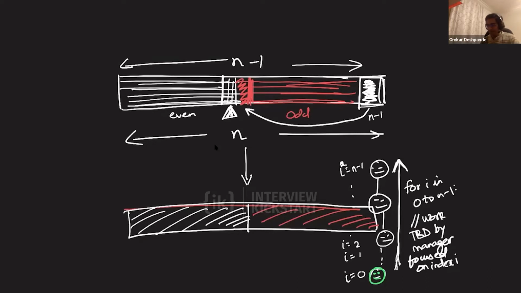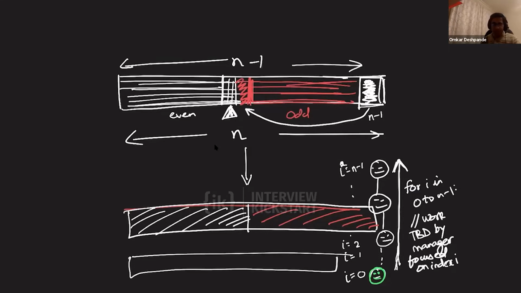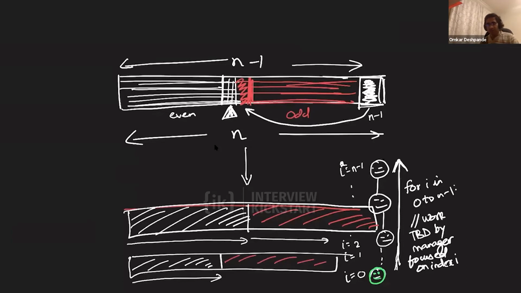If I know that 40% of the elements are white, 60% are red, I can create an auxiliary array with the same size as the original array, and I know that 40% of the numbers are white, so I can just go through them in a left to right order and keep appending them here. And then I know the remaining 60% are going to go here, and I just append them in the same order that I find them in the original array. So that's linear time. It uses auxiliary space though.